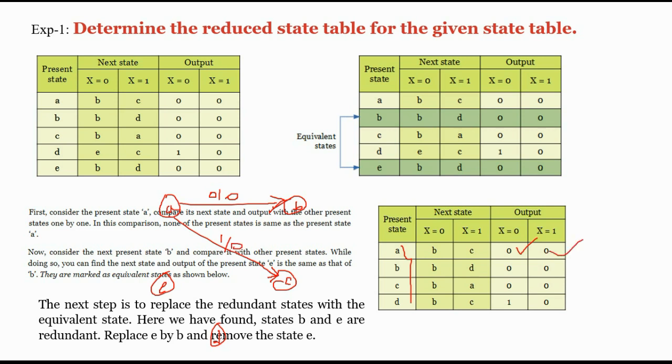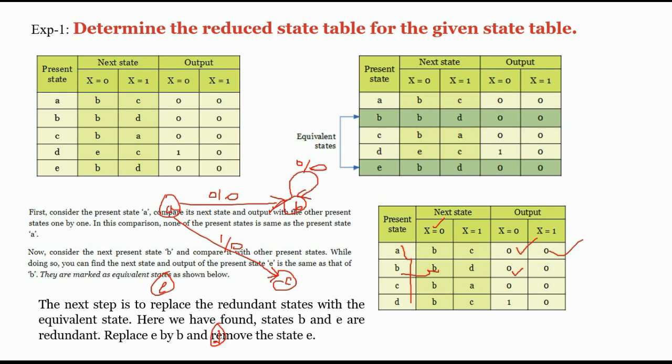Coming to B, B to B, what is the input? 0, and output is also 0. That's why B to B you have to write like this, 0 by 0. B to B means input is 0, output is 0.